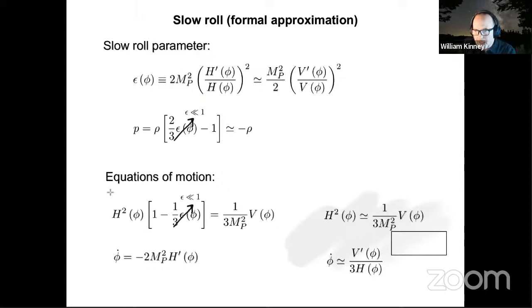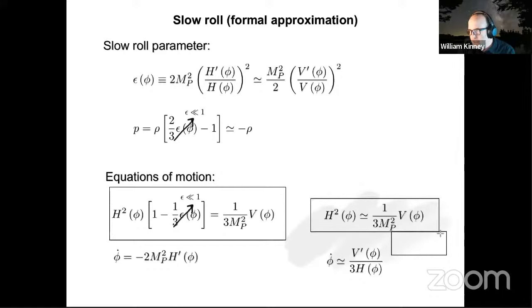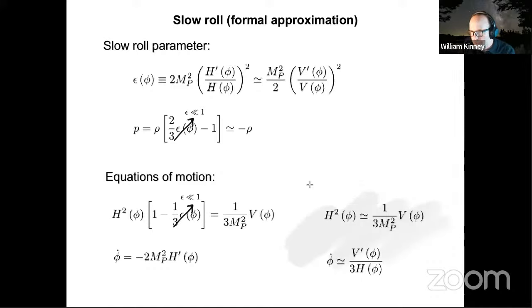So now I can write my Hamilton-Jacobi equations in this limit, as I can neglect this epsilon term in the Hamilton-Jacobi equation for H. And notice that gives me exactly the expression that I had before, by neglecting the kinetic term in the equation for the expansion rate, right? So that gives me exactly what I had before. And similarly, I can find that the field velocity is given in terms of H prime of phi.